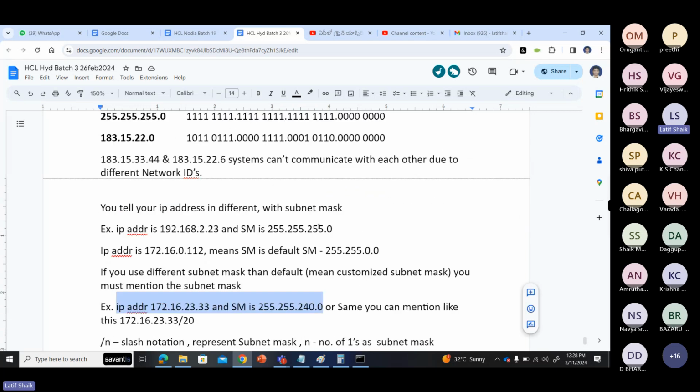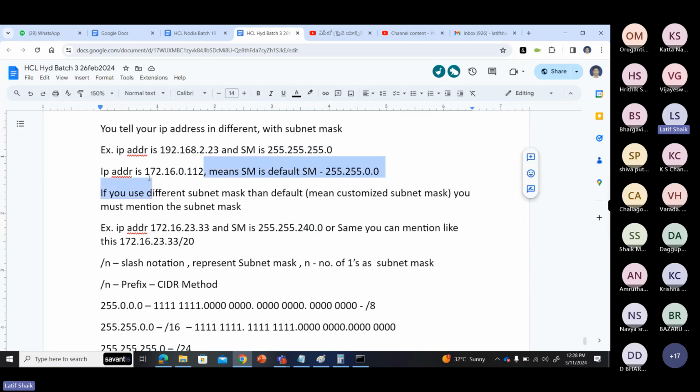So you can mention a specific subnet mask. If you do not mention the subnet mask, you can think it is the default. I said take 192.168.1.2. I didn't tell the subnet mask, which means the default subnet mask. If I specify the subnet mask, compulsorily check whether it is a default one or a changed, customized one. It's a subnetted subnet mask.